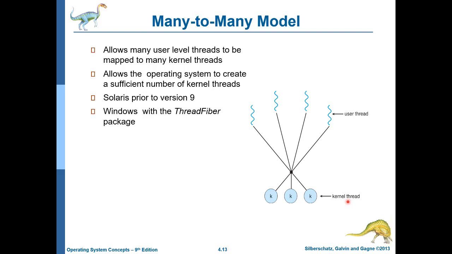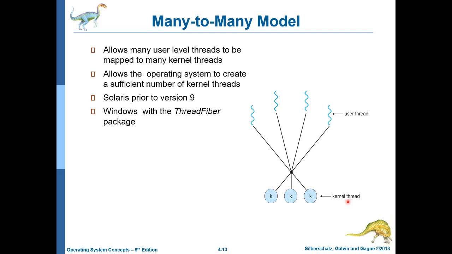Now the many-to-many model: you have many user level threads, and each of them can take any of the kernel threads. So this is many-to-many. It allows a number of user level threads to map to a different number of kernel level threads. In this way, the operating system can create a number of threads beforehand.